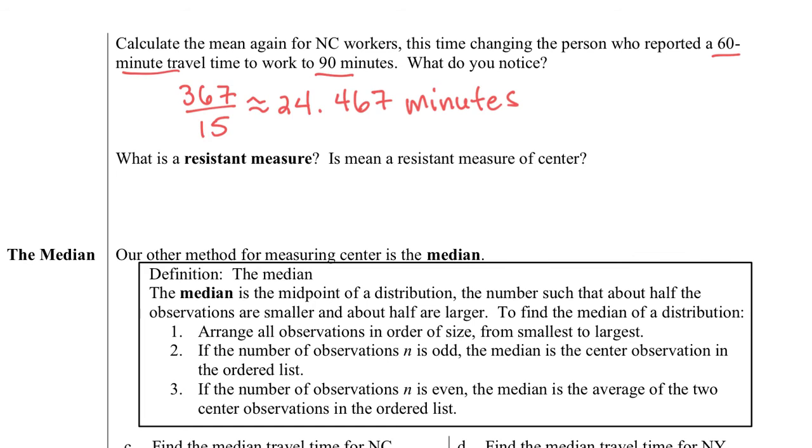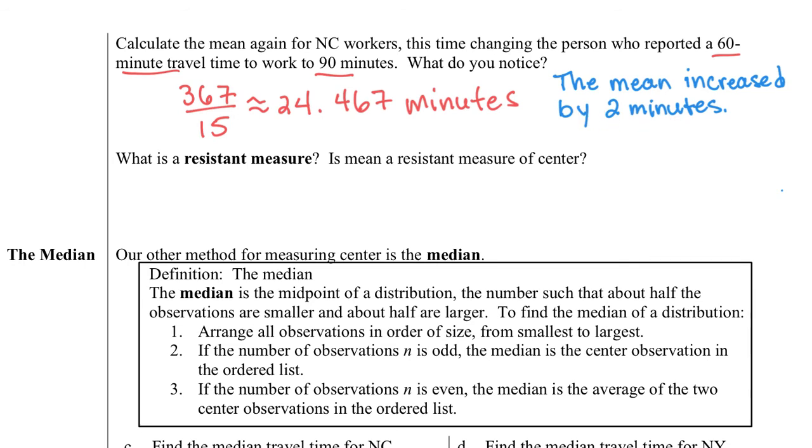My mean has increased by nearly 2 minutes, which is quite significant. So 90 minutes would almost definitely be an outlier in that North Carolina worker data. So by creating an outlier, it significantly changes our mean.